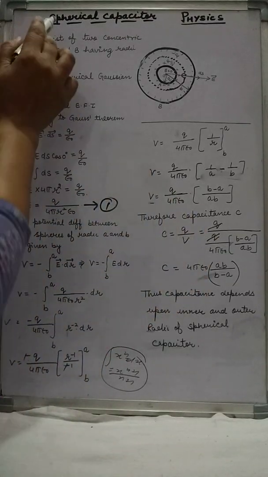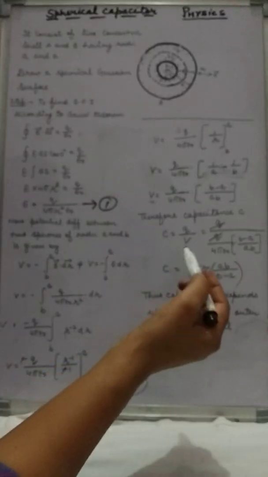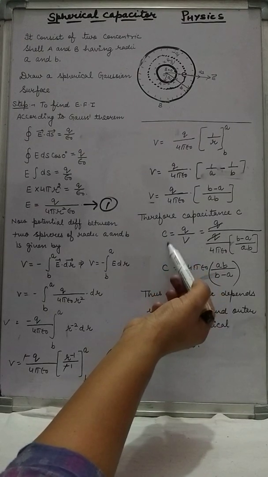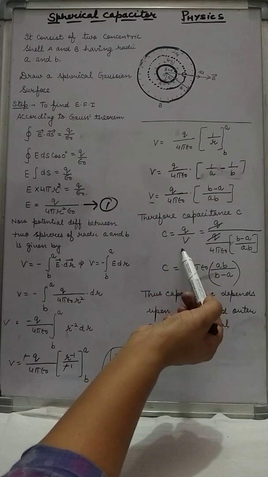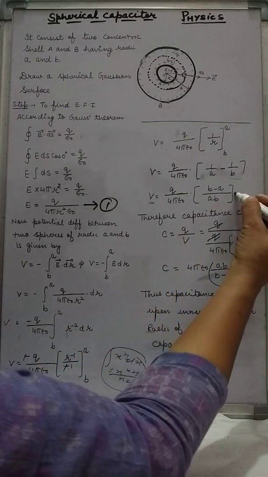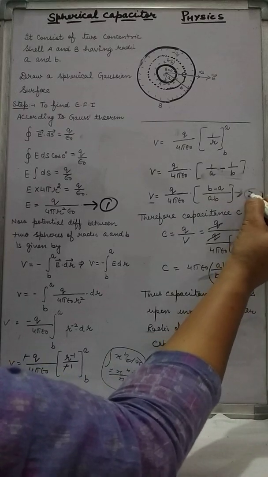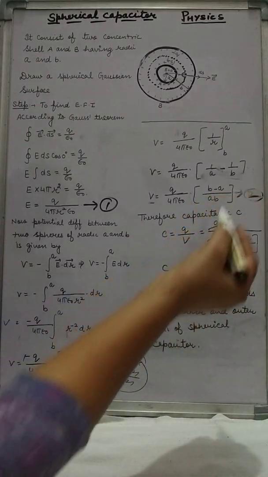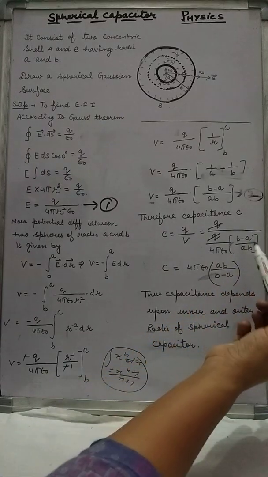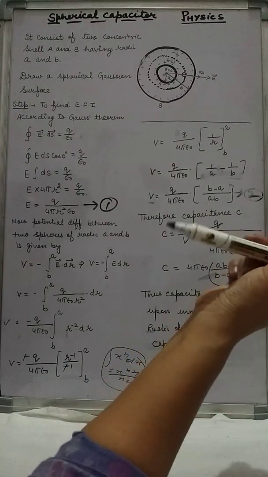So we have to calculate the capacitance of the spherical capacitor. We know capacitance C is equal to Q upon V. So Q upon, put the value of V from this equation, this is equation number 2. That is Q upon Q upon 4 pi epsilon naught into B minus A upon AB.